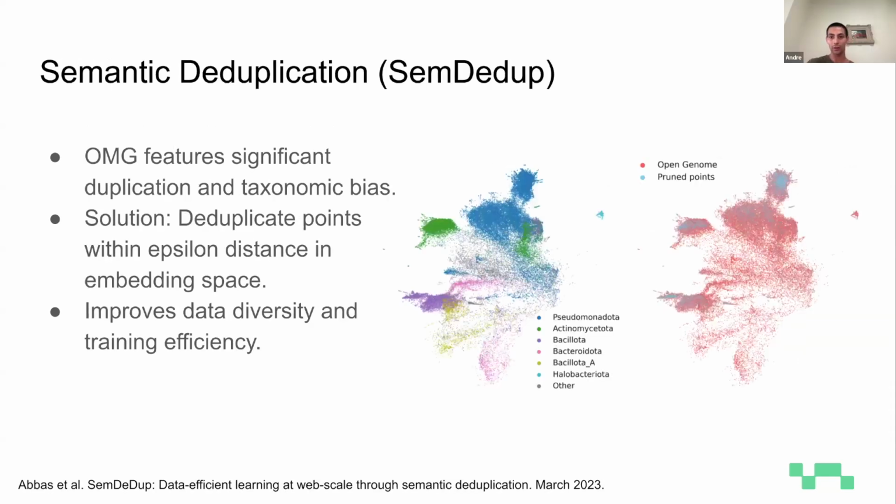So yeah, I'll talk a little bit about SemDeDup. This is a technique that was released in 2023 from a team at Meta. And the idea is basically, if you have an unstructured pre-training data set, can you improve training efficiency by removing near duplicates? Yes.